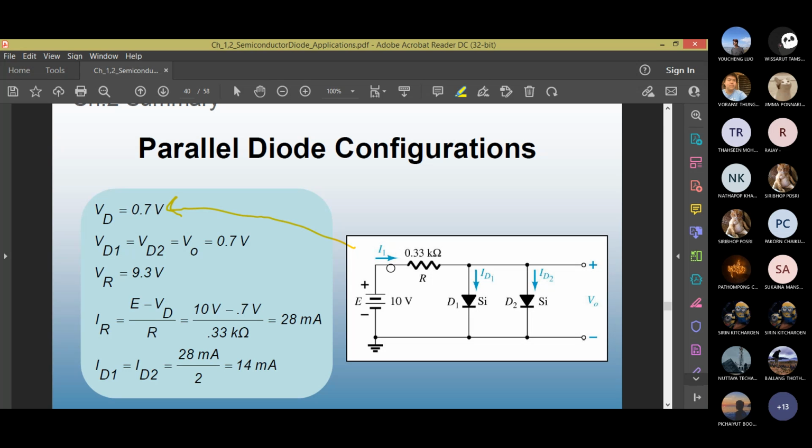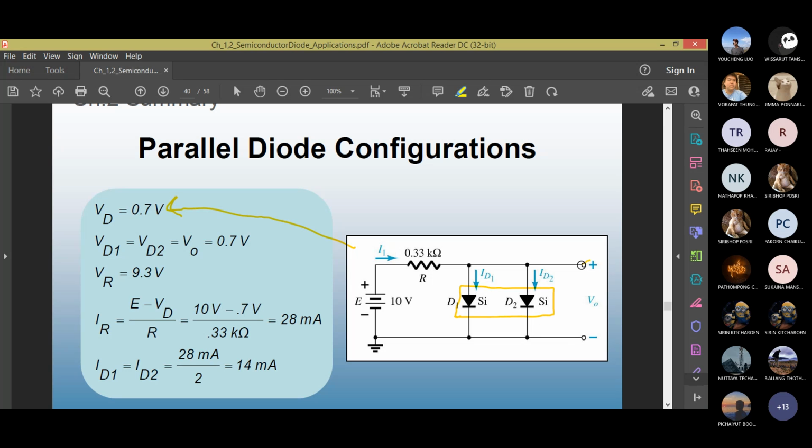In between the voltage source and the first node, you have a diode D1, then you have another parallel diode D2. Both diodes are from the same material, so when they turn on, VD1 and VD2 are equal, 0.7 volt. What is the output voltage in this circuit?